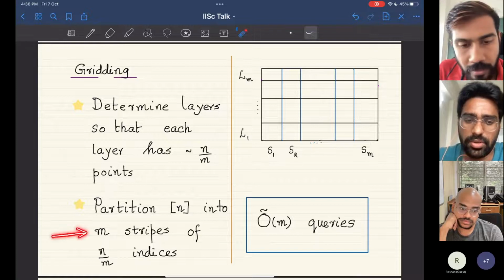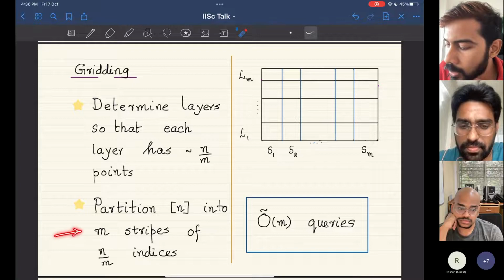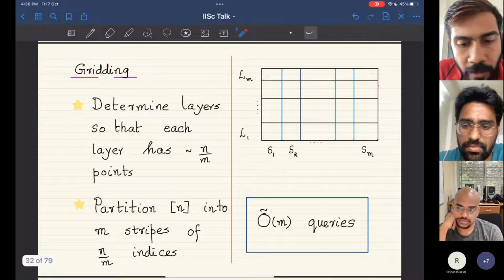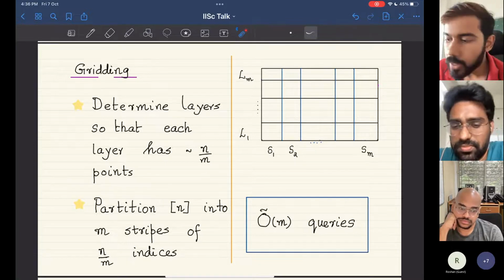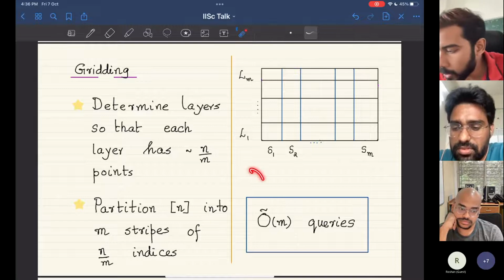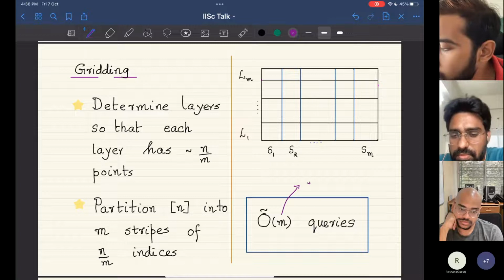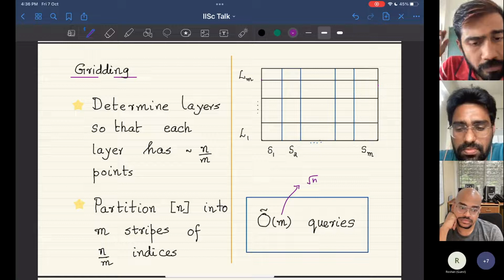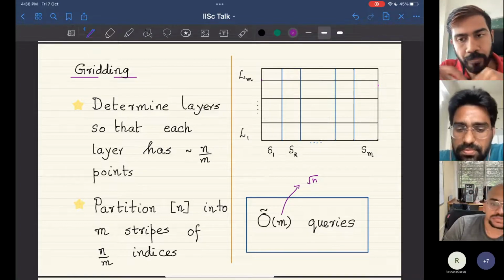Here I'm simply considering the first n over m indices as part of the first stripe, the next n over m indices as the next, that's it. But the layers, of course, I make queries. I'm making O tilde m queries, and m being square root n, I'm making O tilde square root n queries. And that is within the query budget that I wanted to prove.